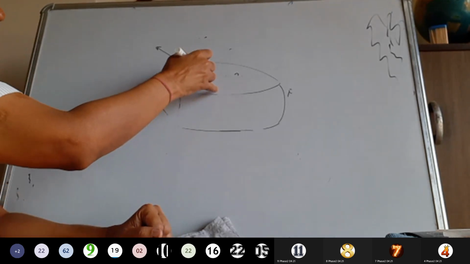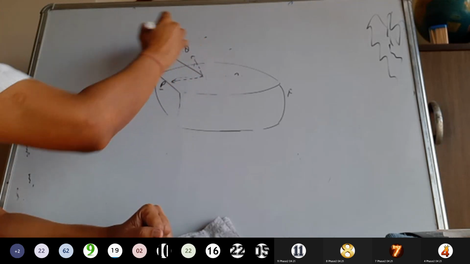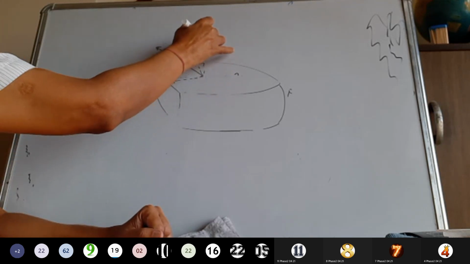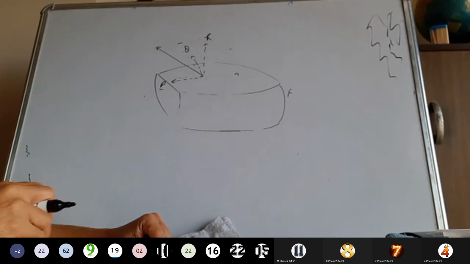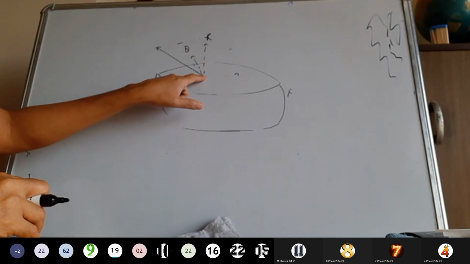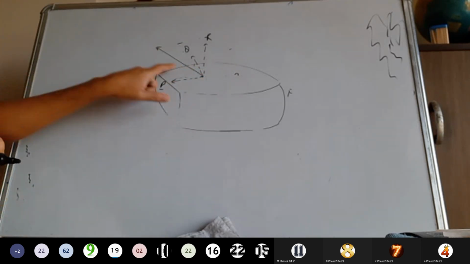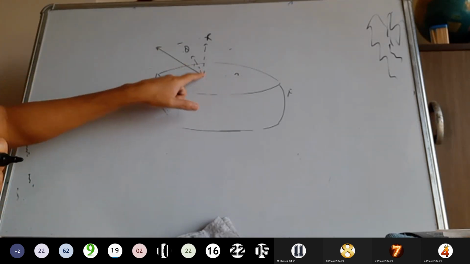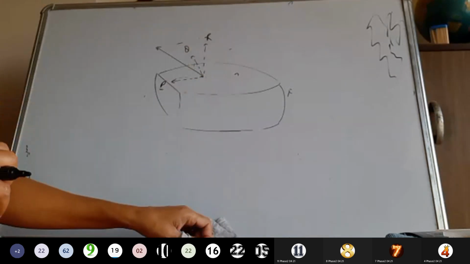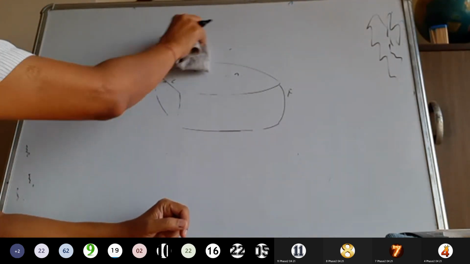What about the athwartship horizontal component that is going like this? Q is also negative. And what about R? R is also negative because it is going vertically upward. So if the total force acting at the compass position, this is the compass position, is going in this direction, then P is negative, Q is negative, and R is negative. And the last one, what you can see is this.